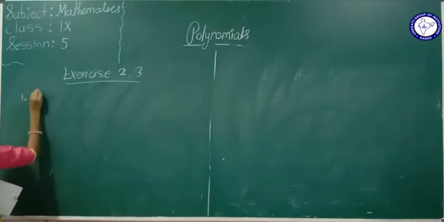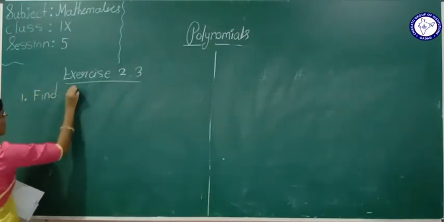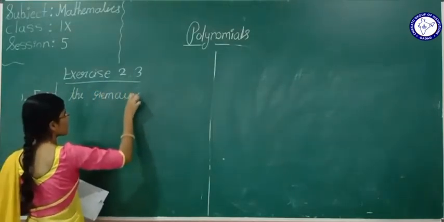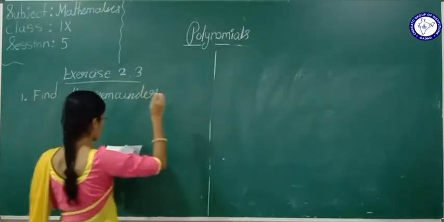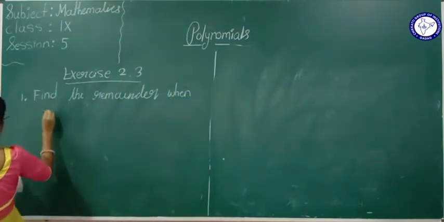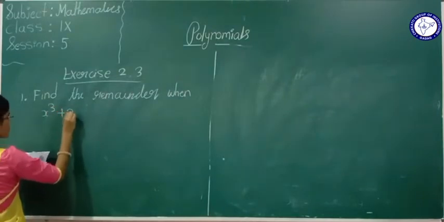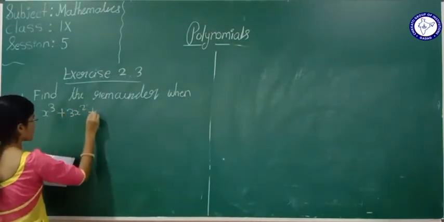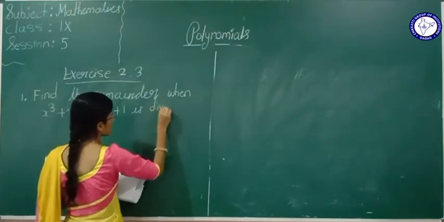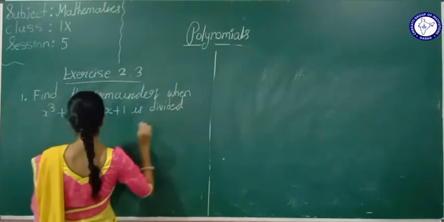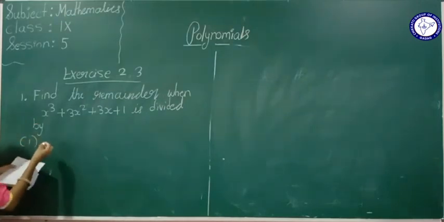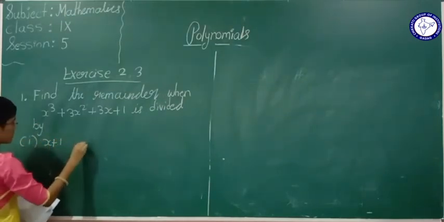So first one, find the remainder when x cube plus 3x square plus 3x plus 1 is divided by, first one x plus 1, second one x.